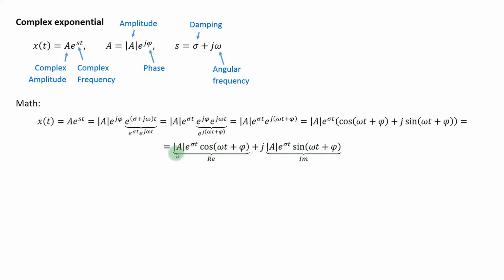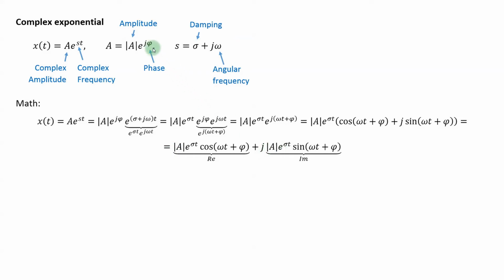And here you can see that the real part of this complex number is a damped cosine, and the imaginary part of this complex number is a damped sine. And this omega will determine the angular frequency of this cosine and this sine. This sigma will determine the damping of this cosine and sine. And this amplitude will determine the amplitude of this cosine and sine.